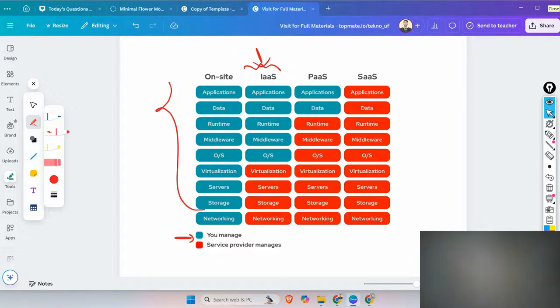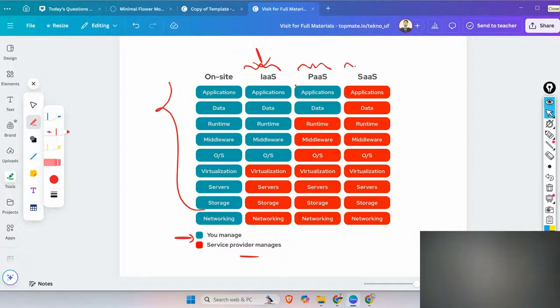If you manage the application, data, runtime, middleware, and OS, then it's IaaS. And how do you check if an application is PaaS? If you manage the applications and data only, and the rest of the things are handled by the service provider, then it's a PaaS application.